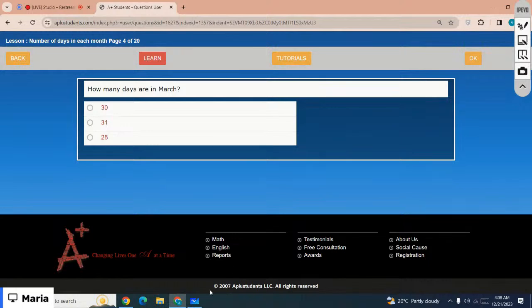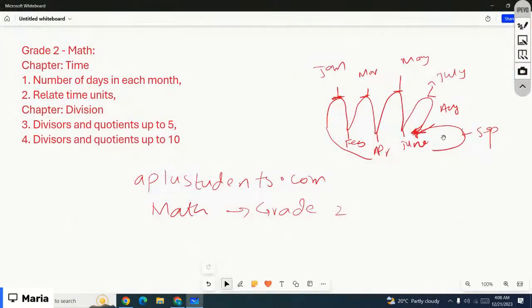When you fold the hand, you don't have the fifth finger. You have only four. August must be, then again you start with here. So August must be here. That's why August has 31 days. This portion doesn't exist when you make a fist.